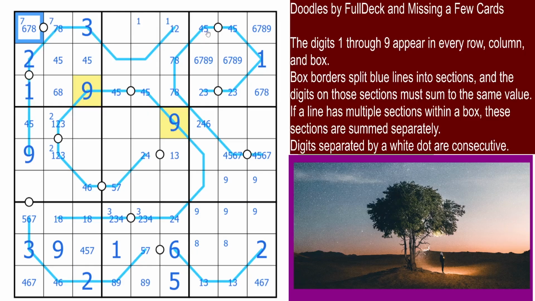Oh, 3, right? See, this is x wing of 3. So 3 has to be now here or here, right? And it's not groundbreaking thing. 4, 5. Okay.